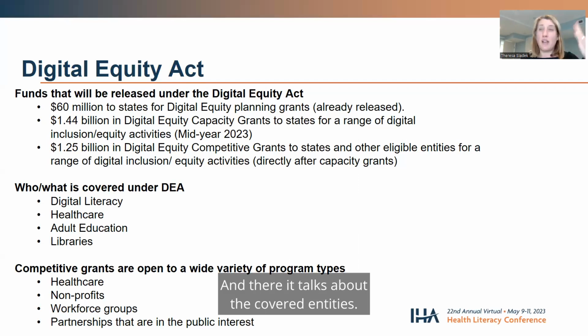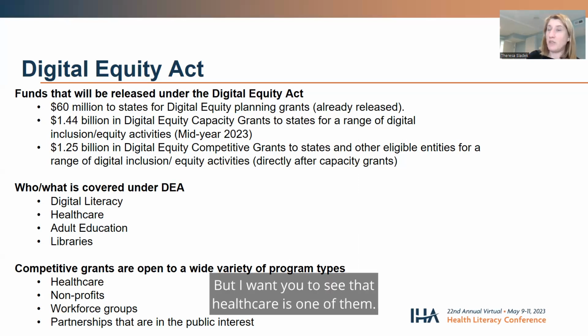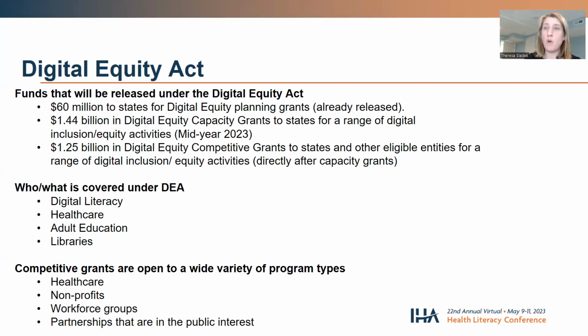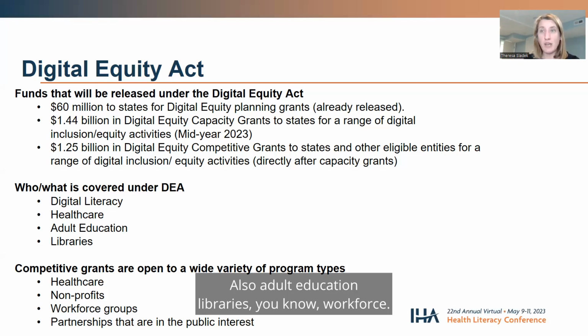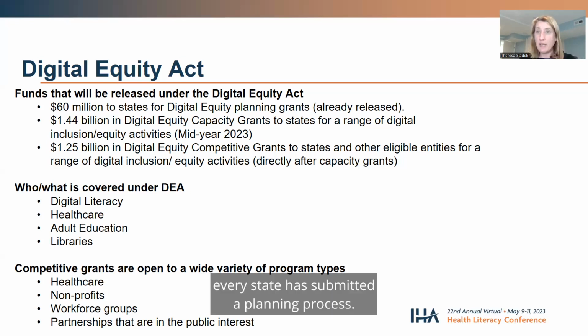And it talks about the covered entities. There are many, but I want you to see that healthcare is one of them, and digital literacy. Also adult education, libraries, workforce. And then every state has submitted a planning process.